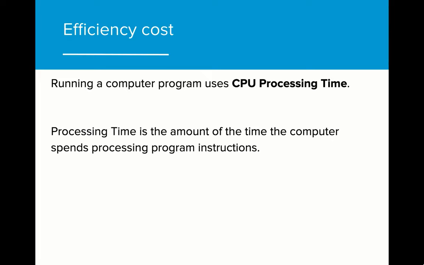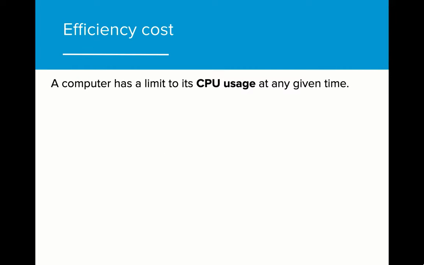The processing time is the amount of time the computer spends, in seconds, on processing or reading the program's instructions. This is important because a computer has a limit to its CPU usage at any given time. The usage refers to the percent of the CPU that is currently being used to run and process computer programs.